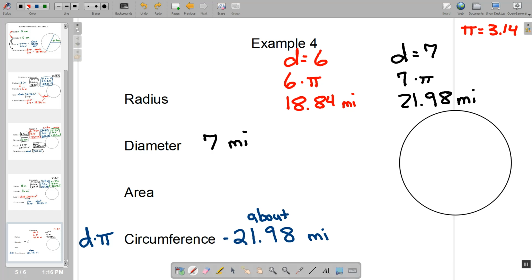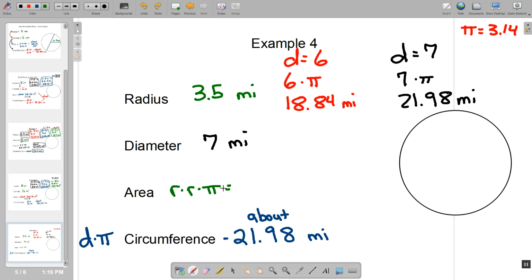So I need to figure out the radius. Well, the radius is half of the diameter, so that is 3.5 miles. And all I have left is the area. Area is equal to radius times radius times pi.